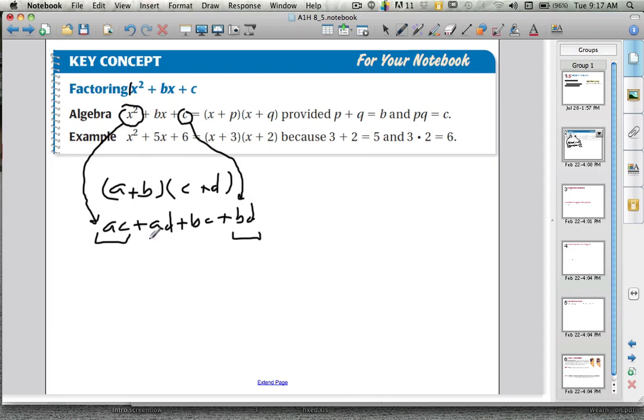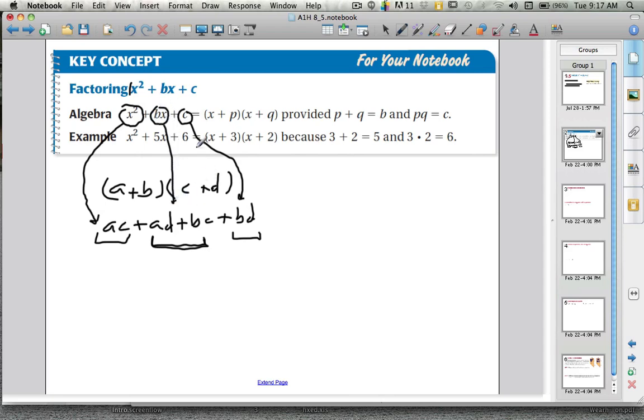And what we're doing when we're factoring is we're checking the different possible firsts and the different possible lasts, and how those firsts and lasts create an outside and inside that is going to make this middle item.